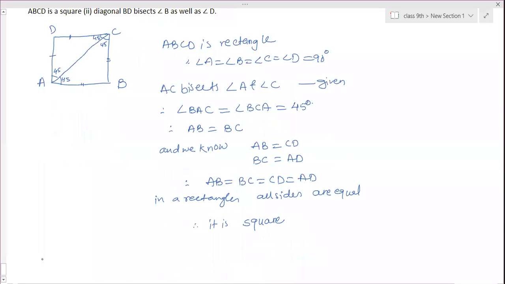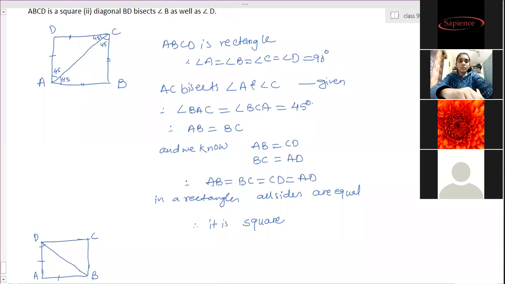And now we have to prove BD bisects angle B and D. Now here we know AB and AD are equal. So therefore this angle is equal to this angle.